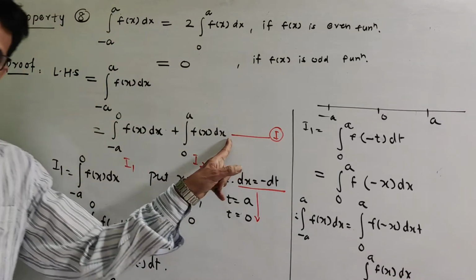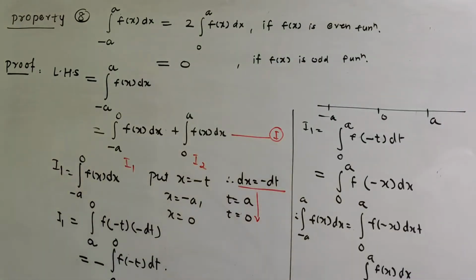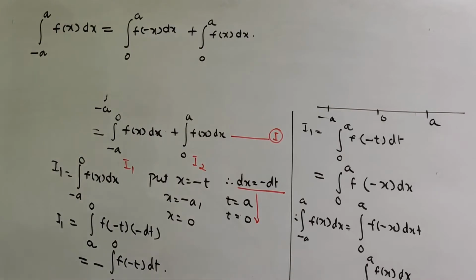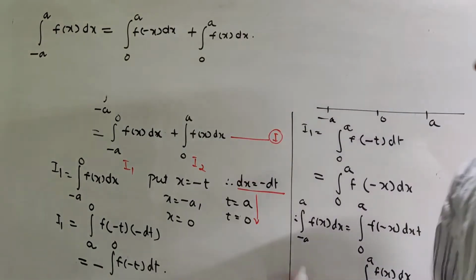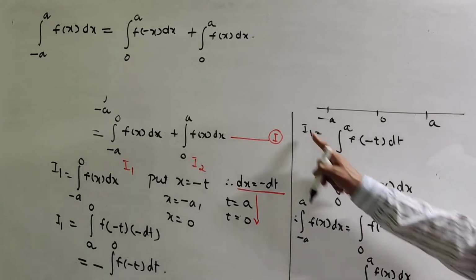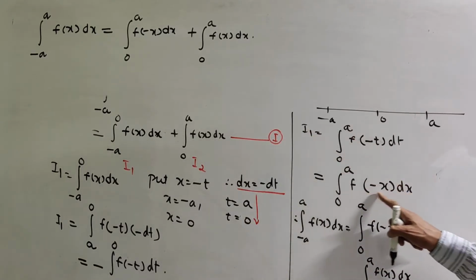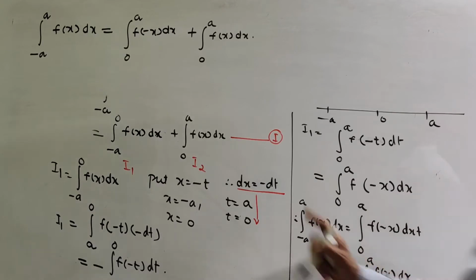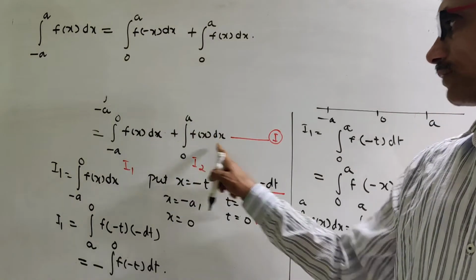So we substitute in 1. Thus when we substitute in 1, I1 is equal to integral 0 to a f of minus x dx, and already I2 is integral 0 to a f x dx.